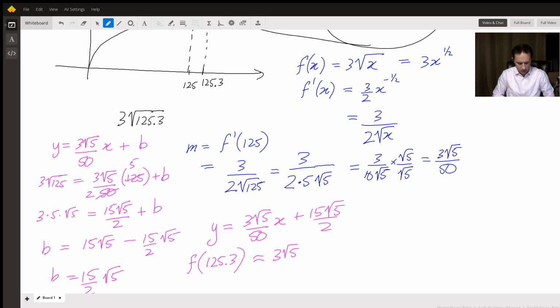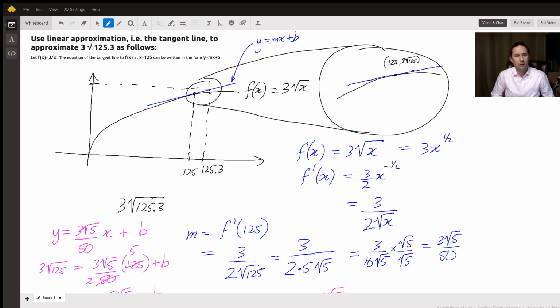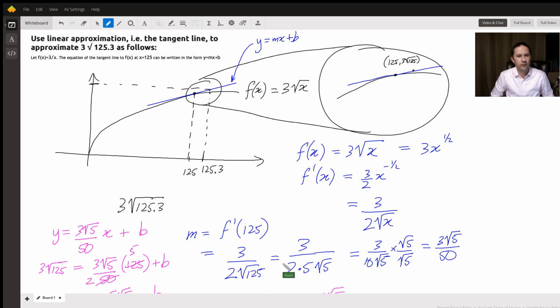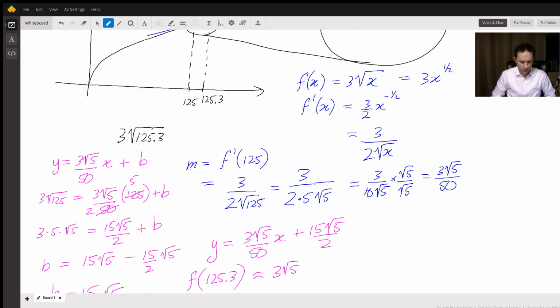So let's just see how close it is. Let's get a decimal answer for that. The cube root of 125 should be around 5, so 3 times that should be around about 33.5. Let's see what we actually get.